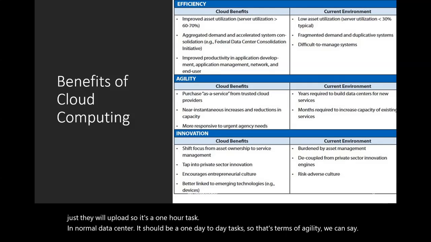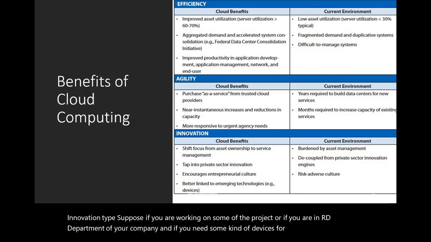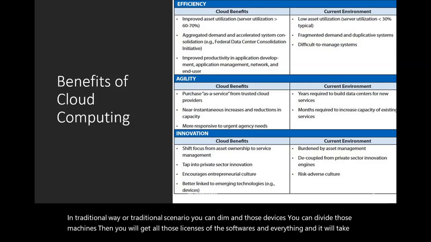Innovation: suppose you are working on a project, or you are in the R&D department of your company, and you need some kind of devices for the R&D. In the traditional scenario, you can demand those devices, those machines, then you get all the software licenses and everything, and it will take about 1 month.